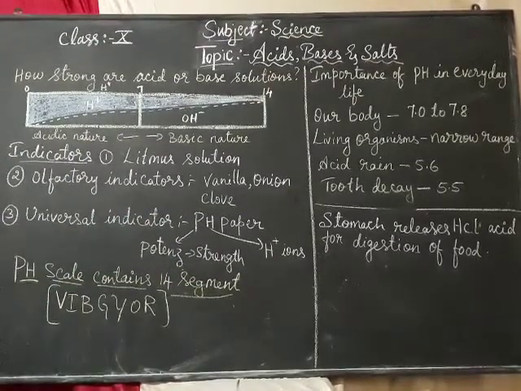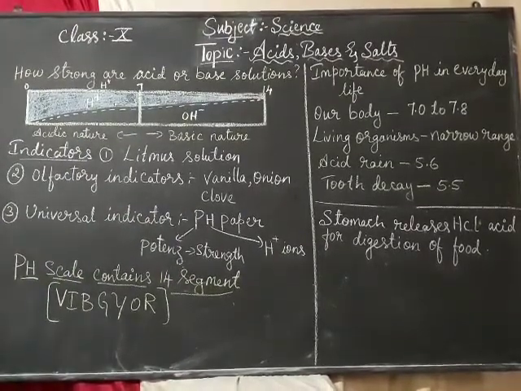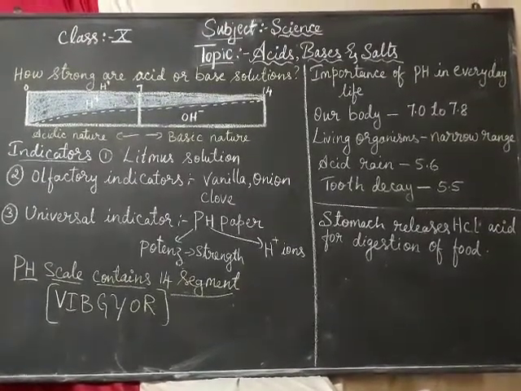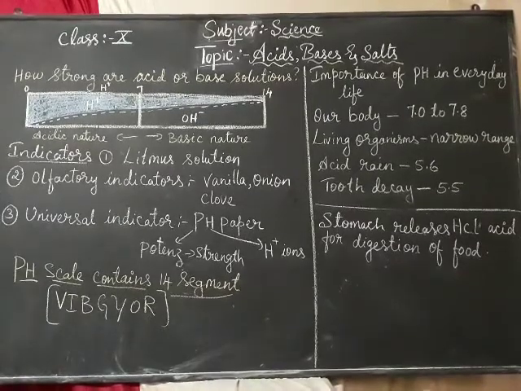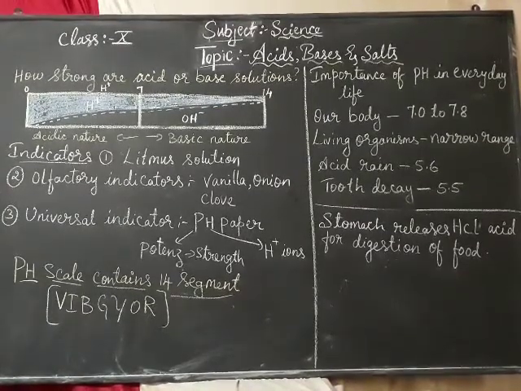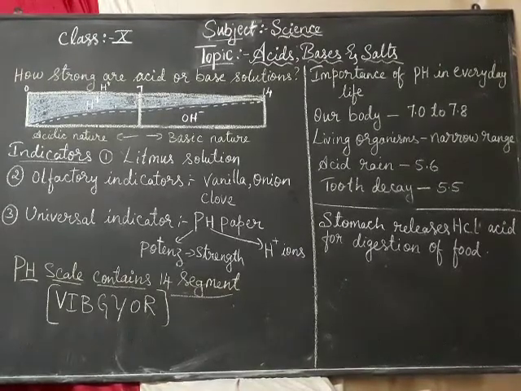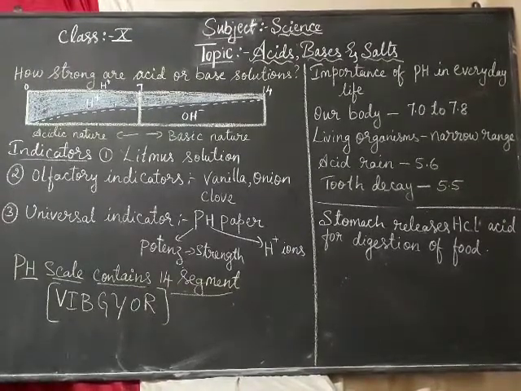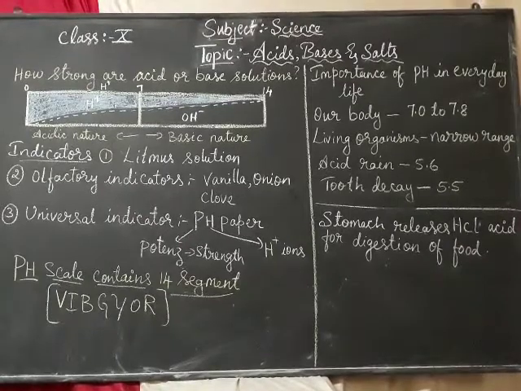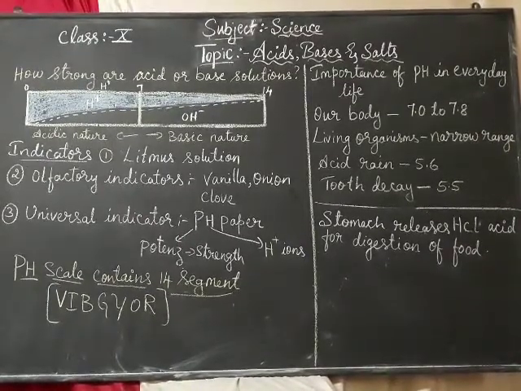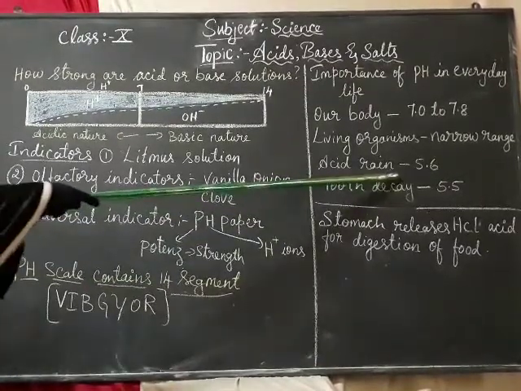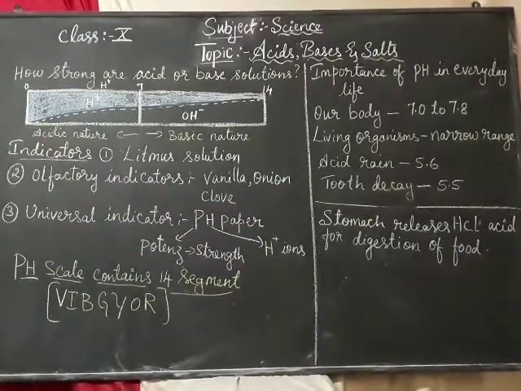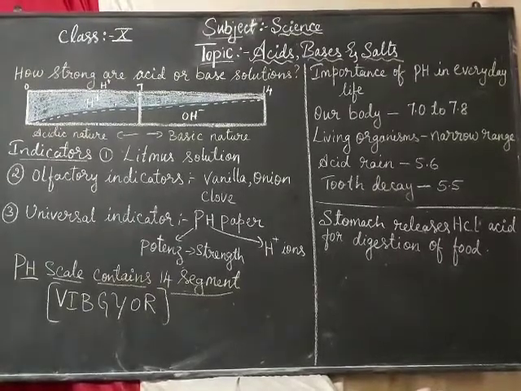Okay, then coming to acid rain. You have seen the rain; they say the starting rain is acidic. Why is it so? Because the pollution contains sulfur dioxide, which goes up and mixes in the cloud and gives the rain an acidic nature. If the pH of the rain is 5.6, then we say the rain is acidic.